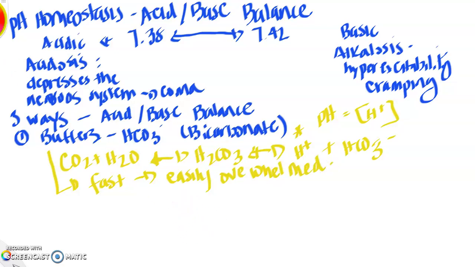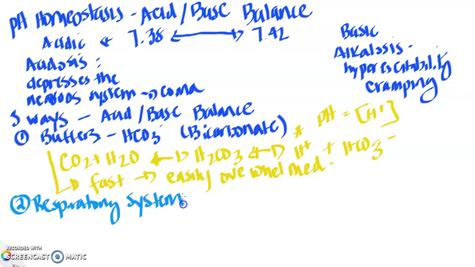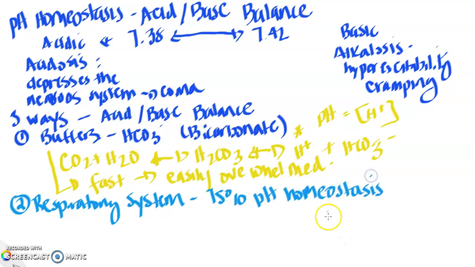So the second way that we deal with pH is through the respiratory system. About 75% of pH homeostasis is controlled through the respiratory system.